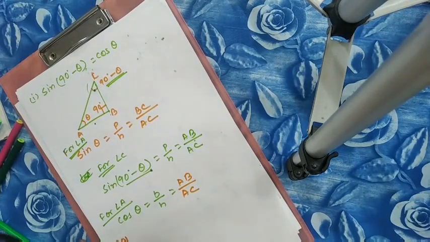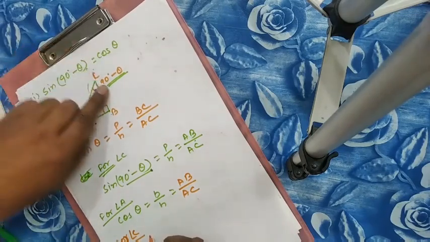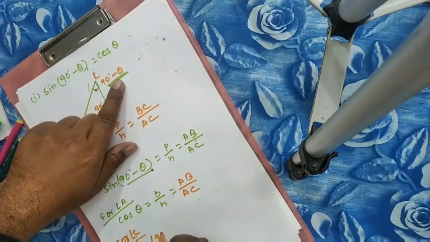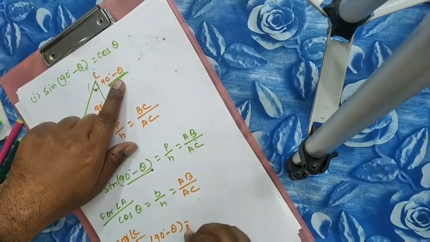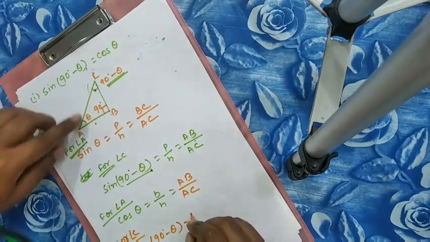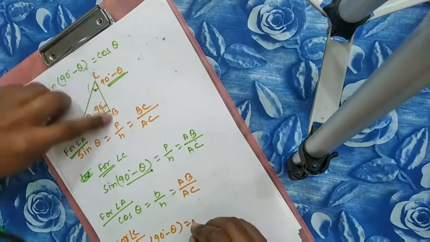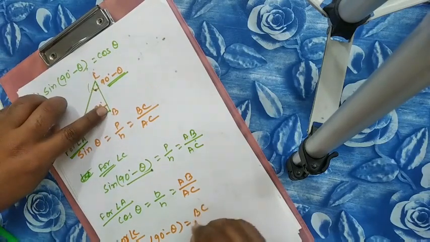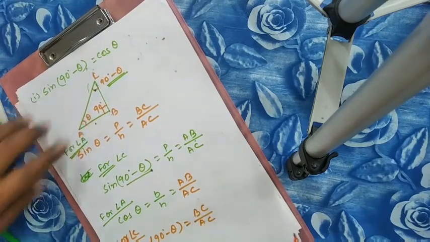For angle C, the angle is 90 degrees minus theta, so cos will be base upon hypotenuse. For this angle, the base will be BC and the hypotenuse is AC.